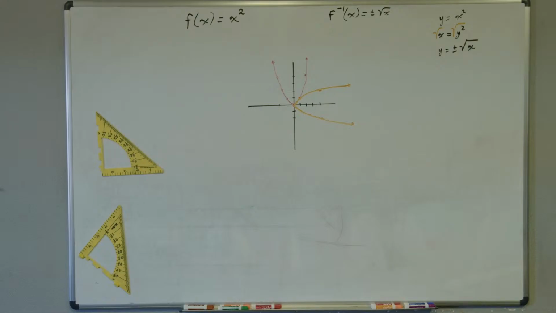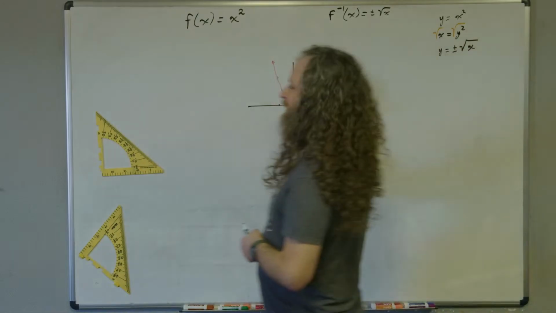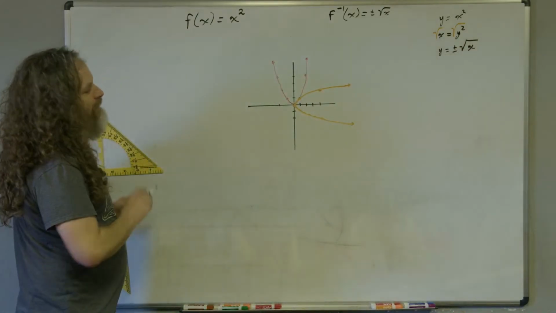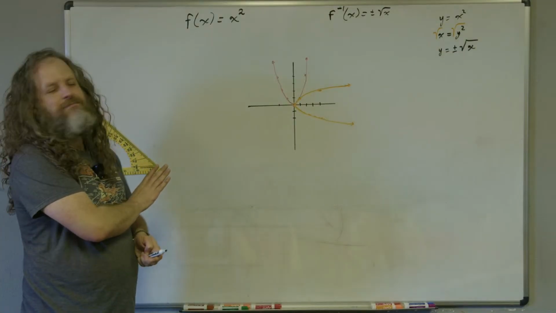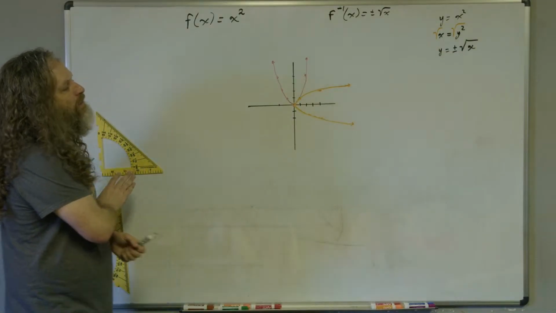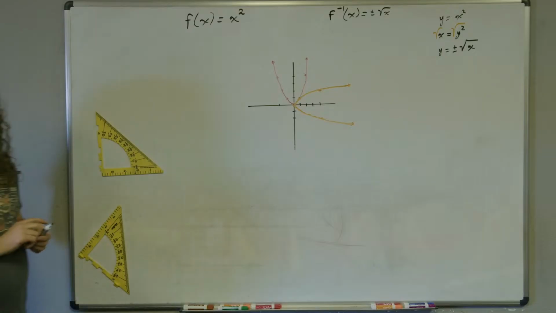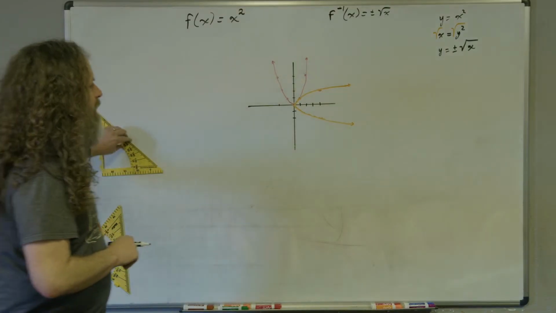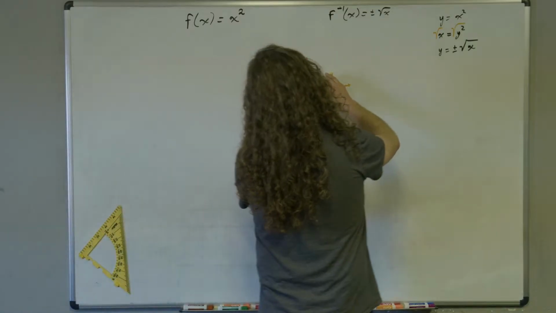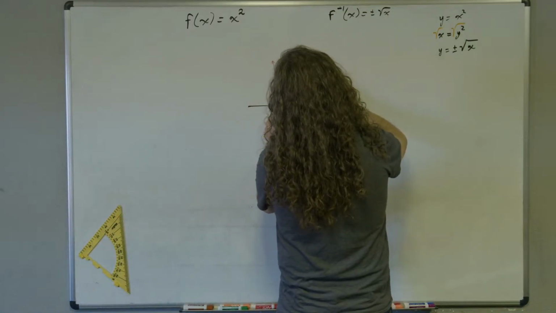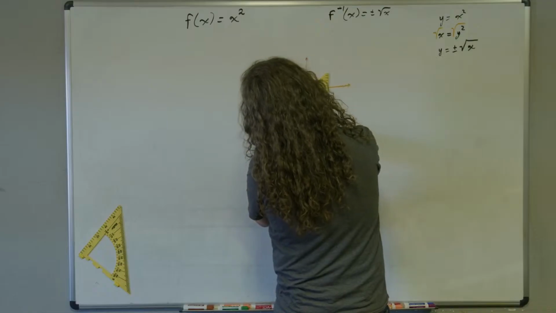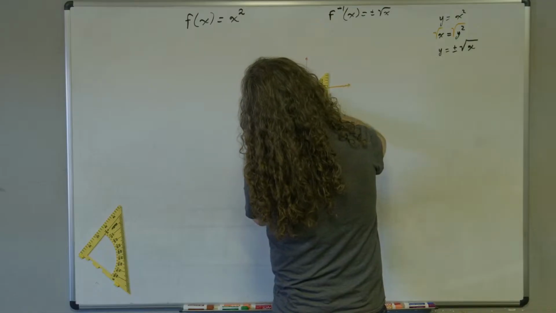So if it was a rotation, it's kind of what you're thinking, but it's actually not a rotation. This one looks like one. But if we had like a cubic one or something, it would look less like a rotation. It is reflecting over the line y equals x. That's exactly what it does.